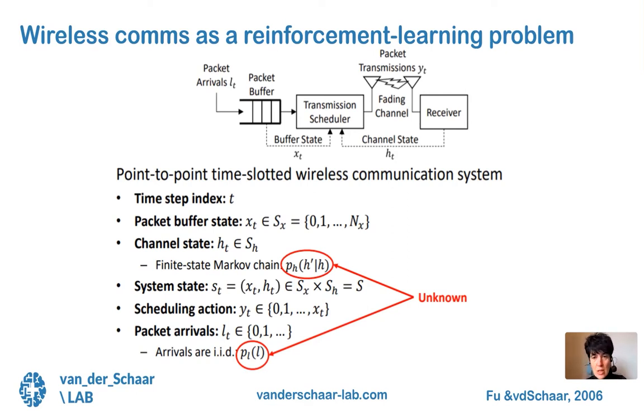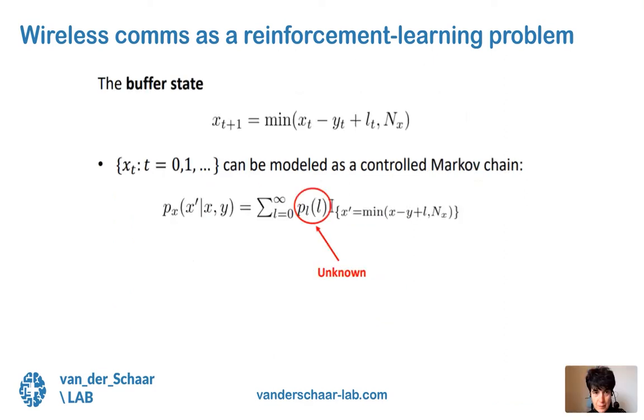We have scheduling actions, which determine what packets to transmit and when. And we also have arrival probabilities from the application layer. One particular assumption we could make, but we don't need to, is that these arrivals are IID. Note that we have uncertainties both in terms of channel states as well as packet arrivals. And this is why, again, this needs to be formalized as a reinforcement learning problem rather than simply solved using dynamic programming.